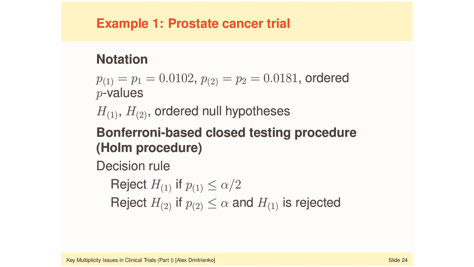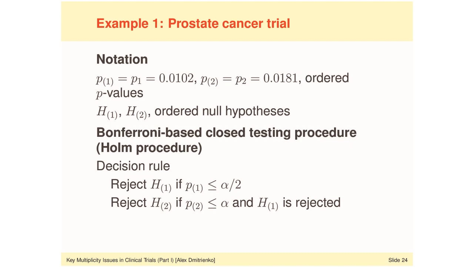As you see at the top of the slide, p(1) is the smaller p-value, and p(2) in this case is the larger p-value. And the same parenthetical notation is used to denote the hypotheses that correspond to the smaller p-value and to the larger p-value. The Holm procedure, based on the closure principle, begins with the hypothesis that corresponds to the smaller p-value, and this hypothesis is rejected, as you see in the slide, if that smaller p-value is less than or equal to alpha over 2.